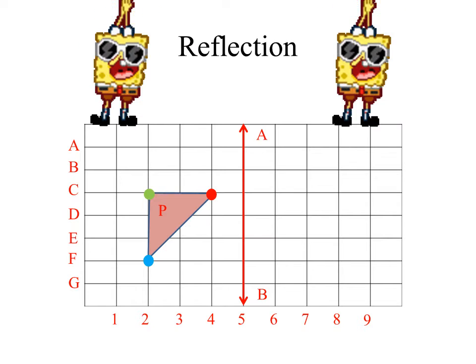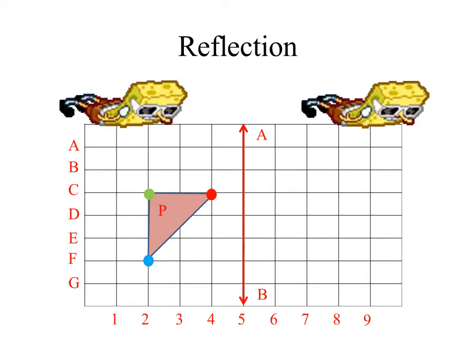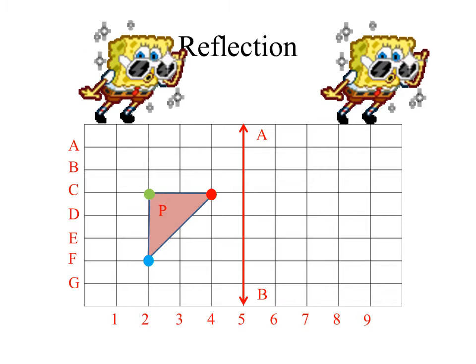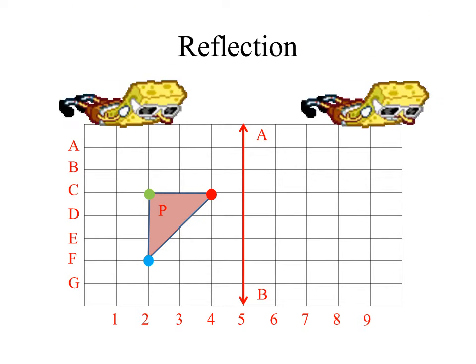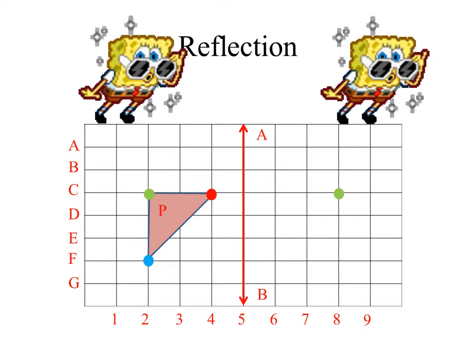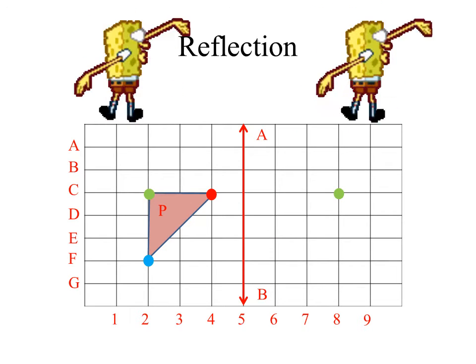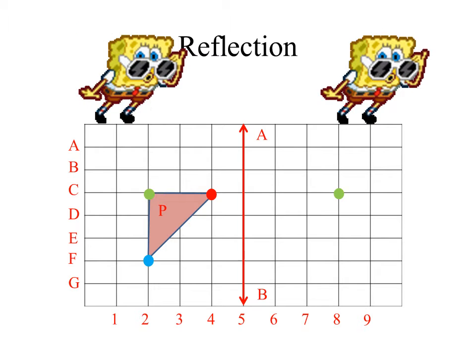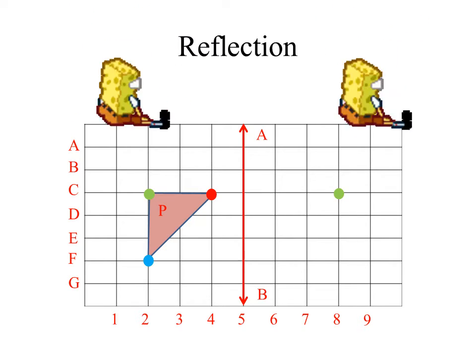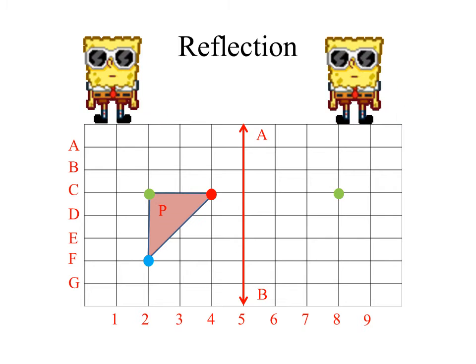Where is that going to fall over our axis of reflection? If you said C8, you would be correct. The green point is moving 1, 2, 3 units to the axis of reflection and 1, 2, 3 units beyond.